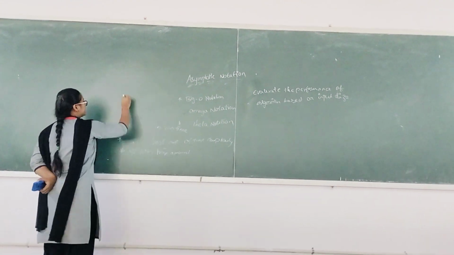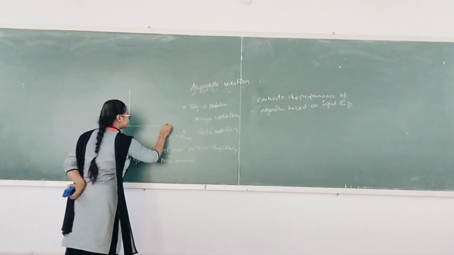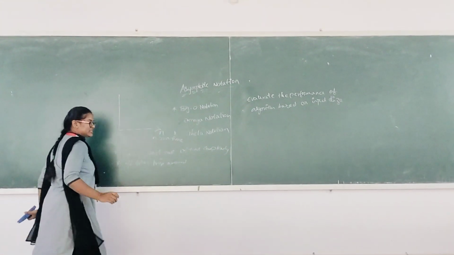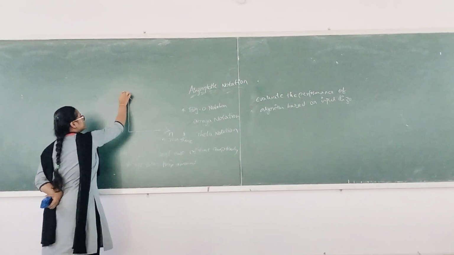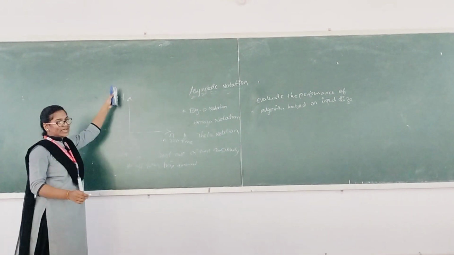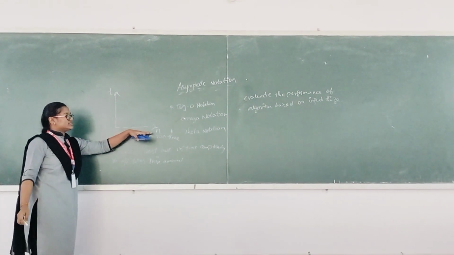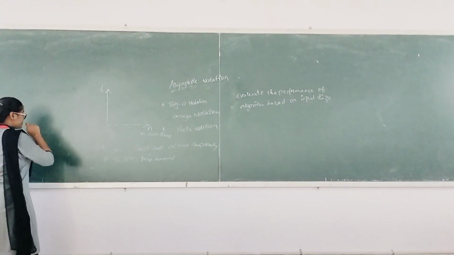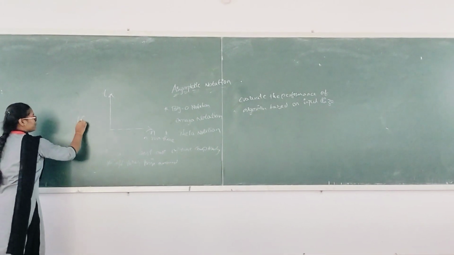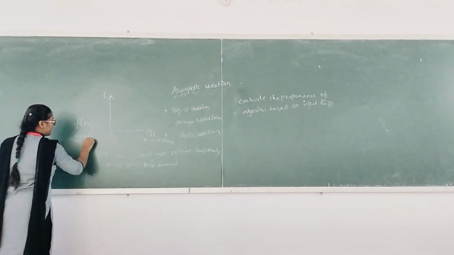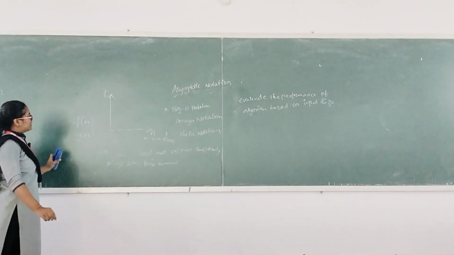Representation of omega notation is, this is n. N means number of inputs. Here the time complexity is represented on the y-axis and the input size is represented on the x-axis. Here we take f of n, g of n as non-negative functions.